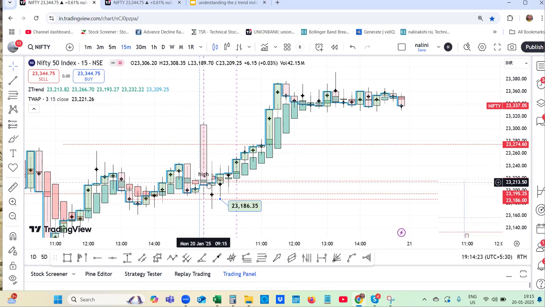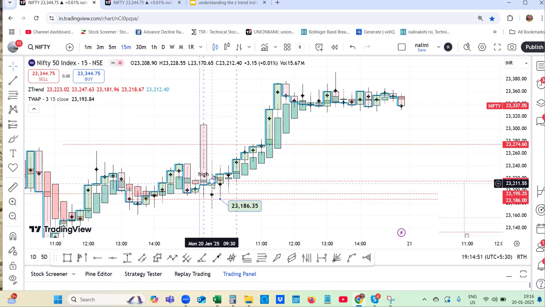When I shift to the next candle, there is a difference. On the status line, Z trend shows 23,212, the actual closing price of the candle, and TWAP is showing 23,193.